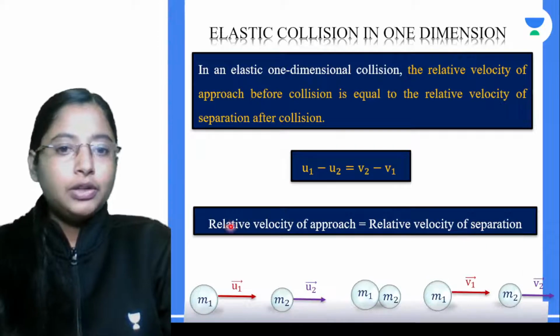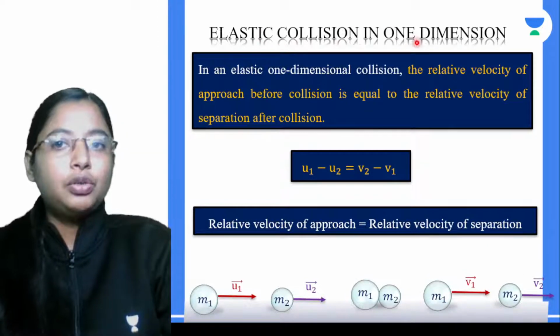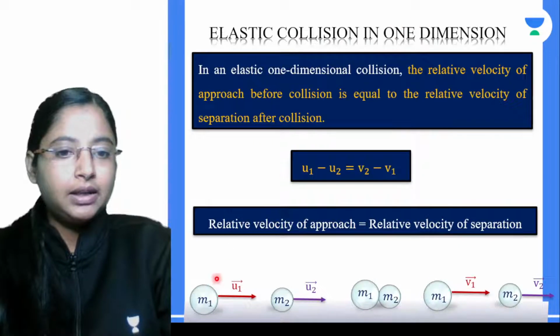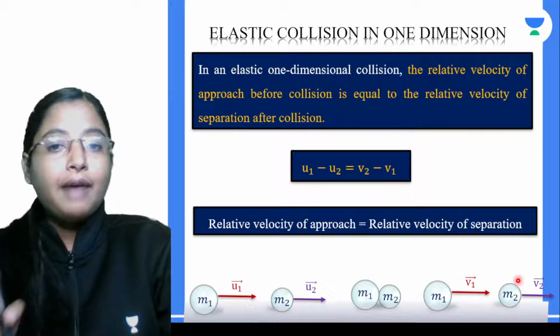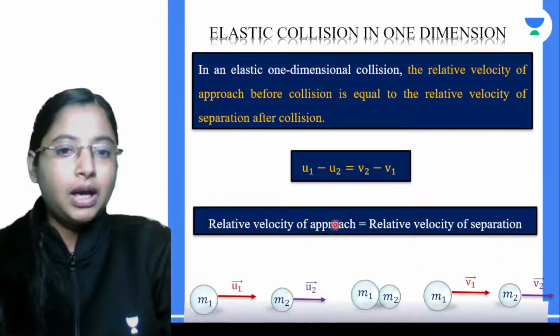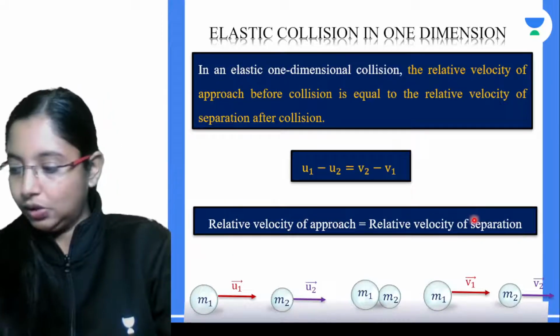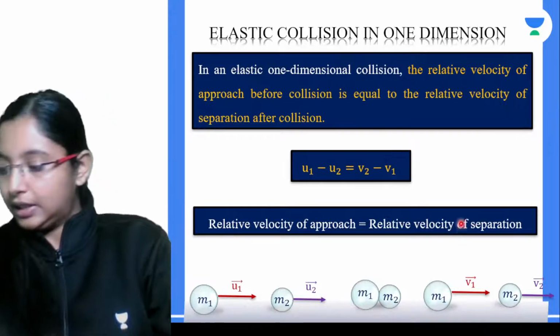So for elastic collision in one dimension, the relative velocity of the objects before collision is equal to their relative velocity after collision. The relative velocity of approach is equal to the relative velocity of separation.